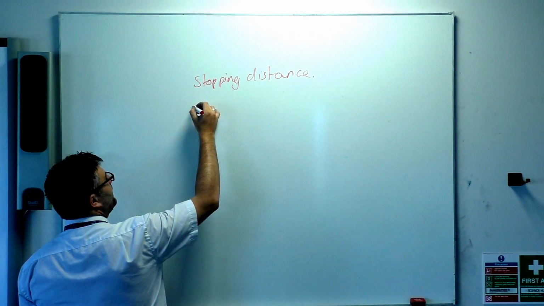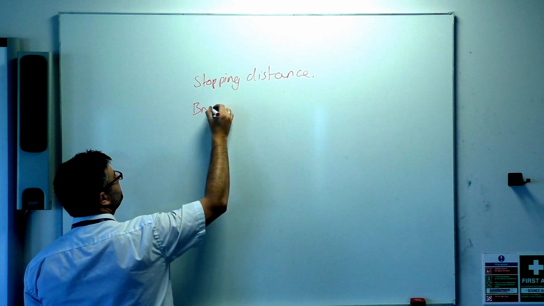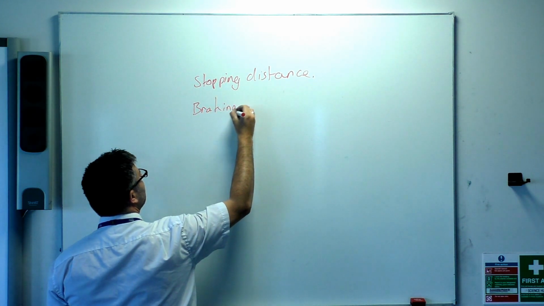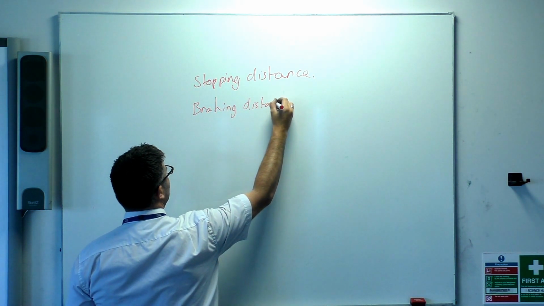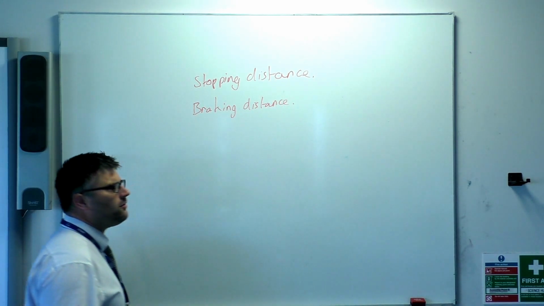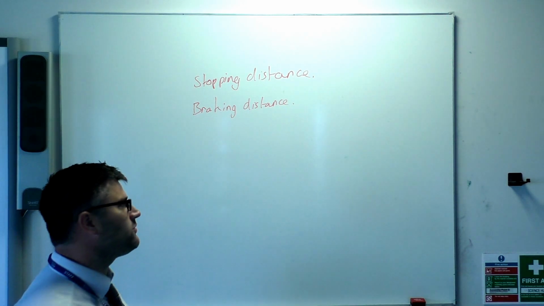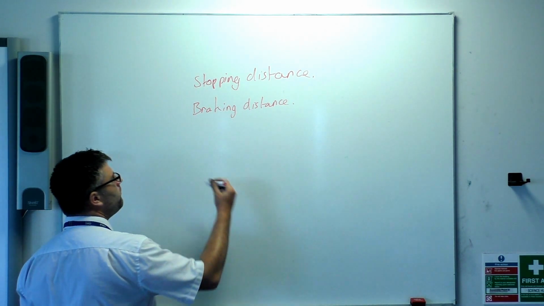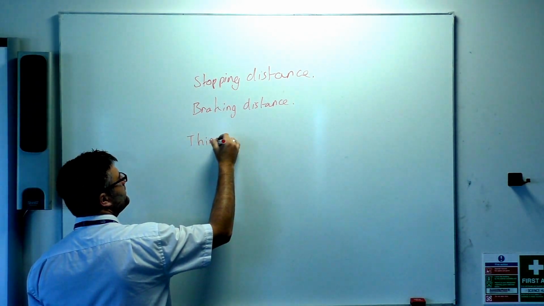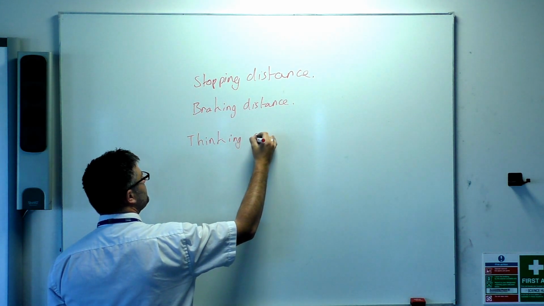And we've got braking distance. What does braking distance mean? That's probably one of the most obvious ones, but we'll get all the terms on the board first. And thirdly, what is thinking distance?